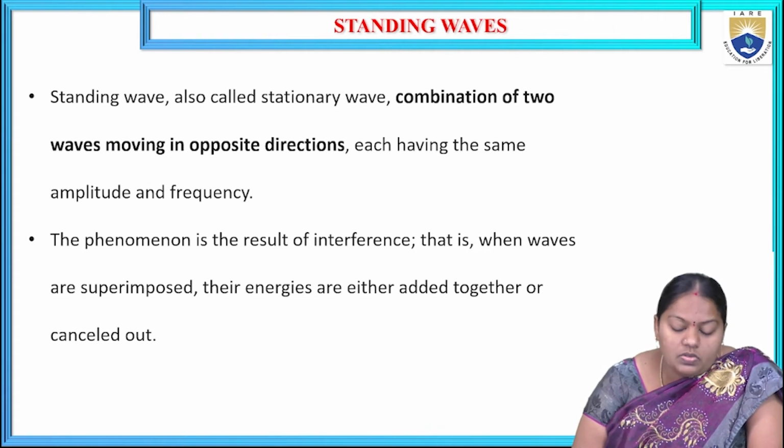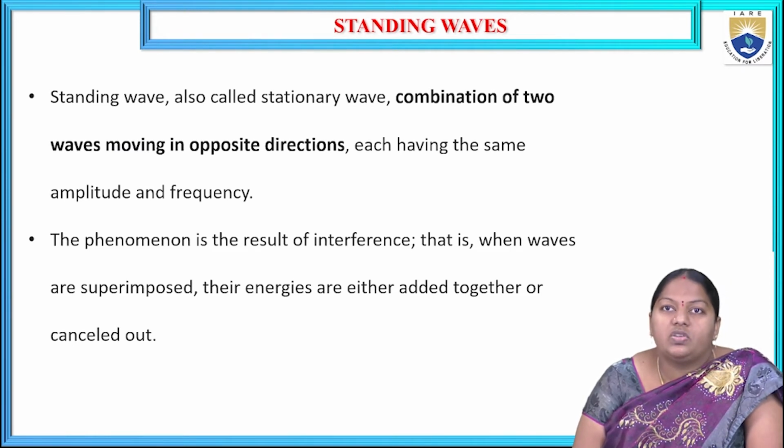Standing waves are also called stationary waves, and they are a combination of two waves moving in opposite directions, each having the same amplitude and frequency. The direction in which they are moving is different, right?